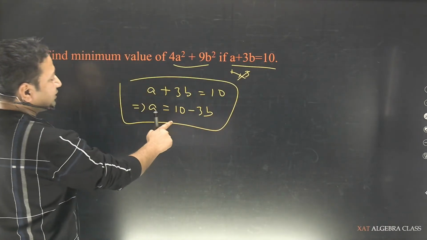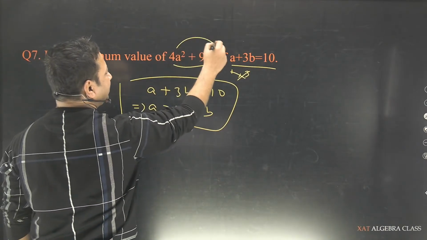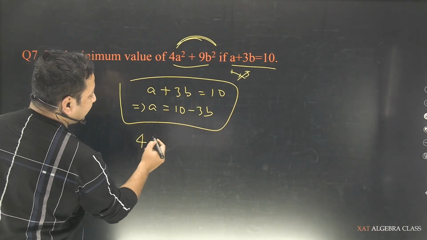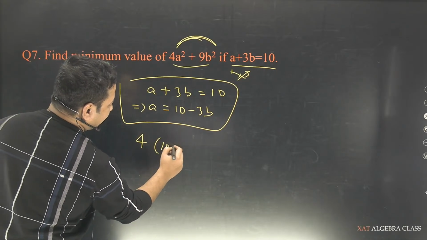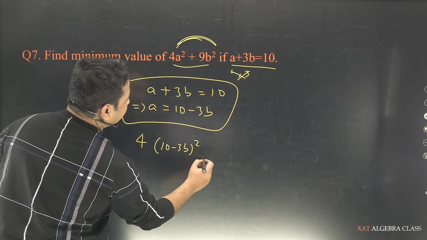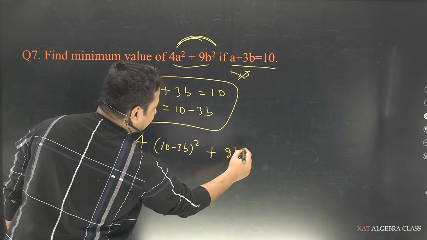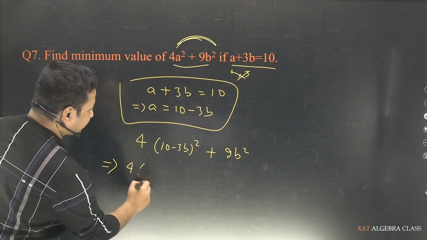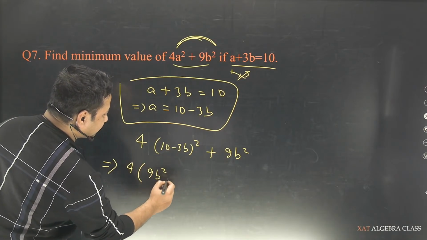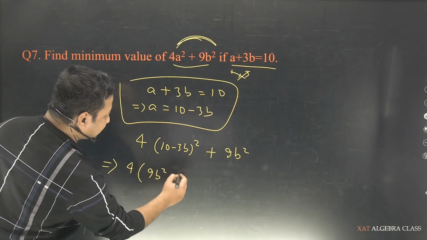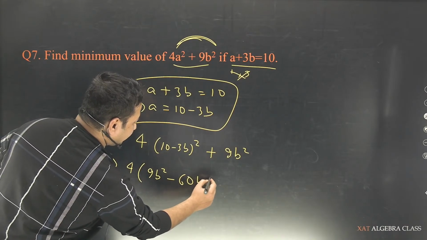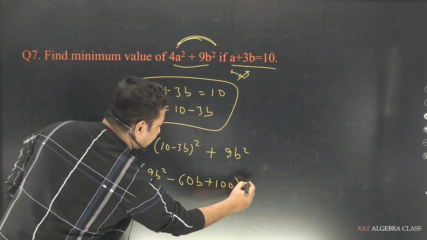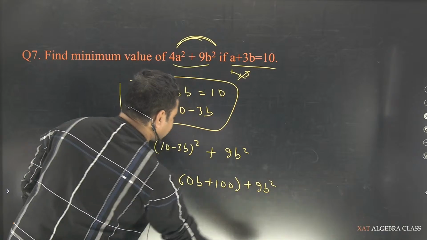And now putting this value of a in terms of b in the original expression, for a square I am putting a as 10 minus 3b. Here I get the whole square and then I get 9b square. Isn't it? Now if I expand this, what do I get? 4 times 9b square minus 2 3 is 6, 10 is 60, 60b plus 100 plus 9b square.